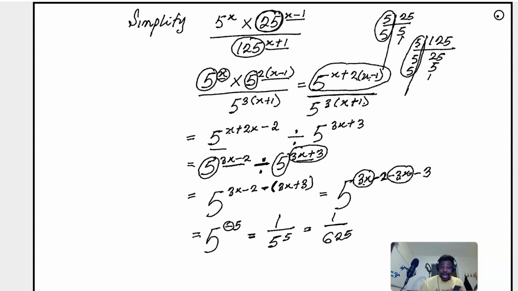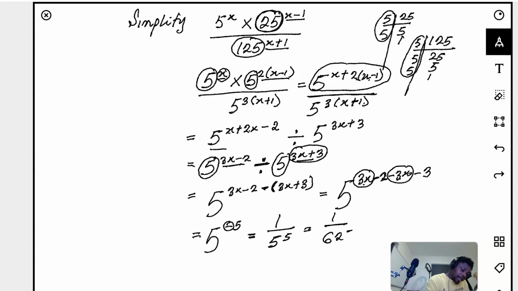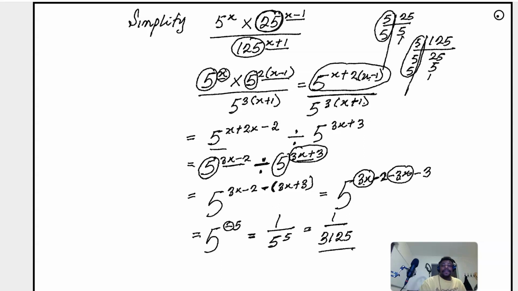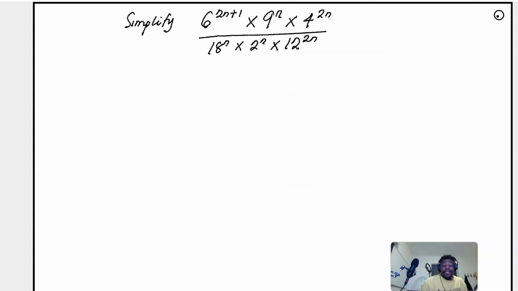You see where you have to always confirm. Okay, you can use your calculator. So 5 raised by 5 is 3125. So 5 raised by 5 here is 3125. So 3125. Easy.